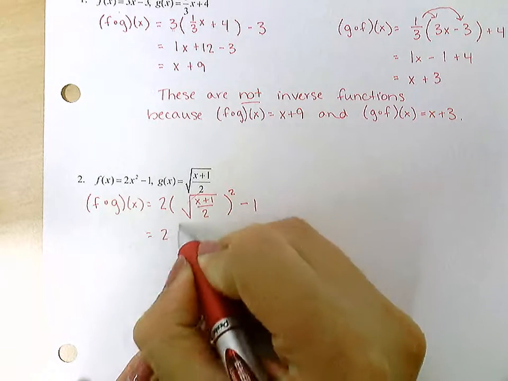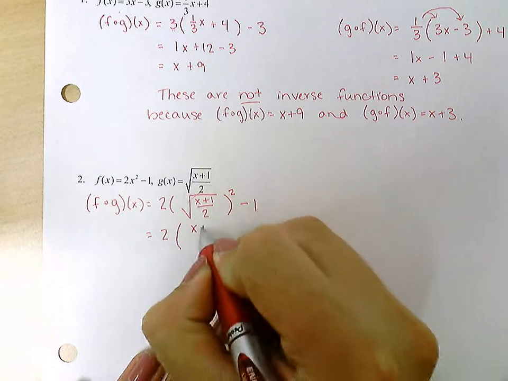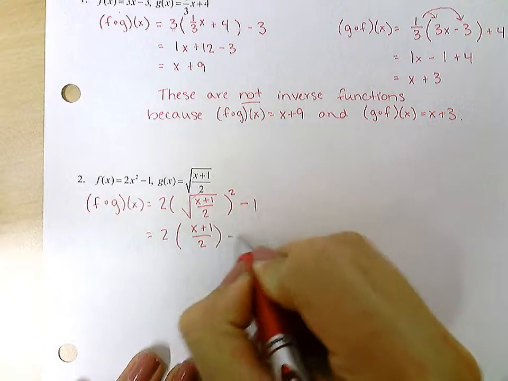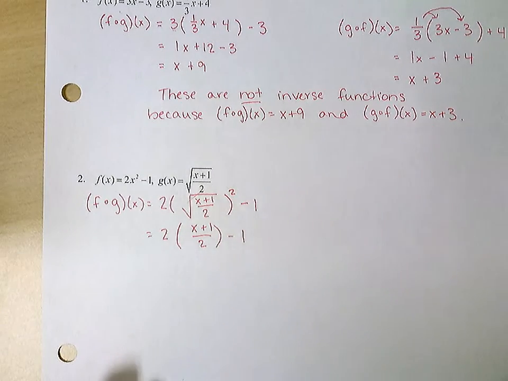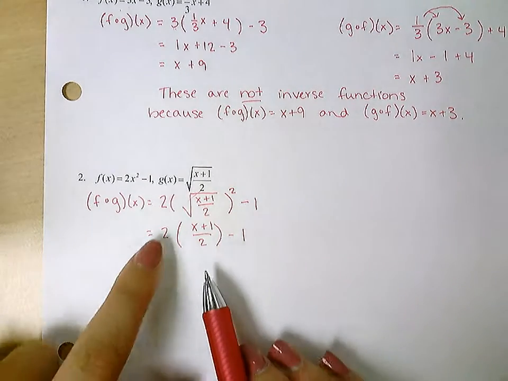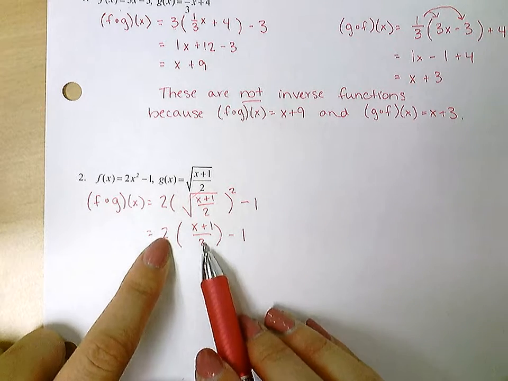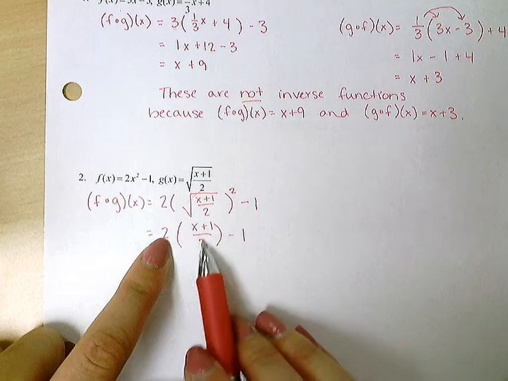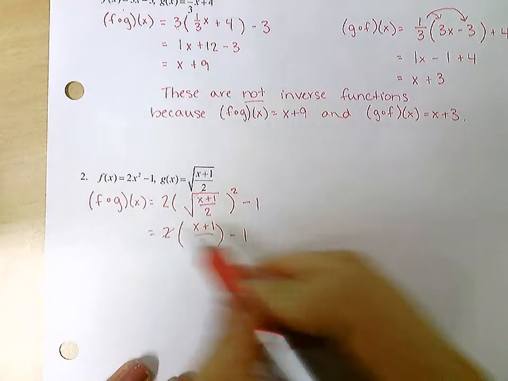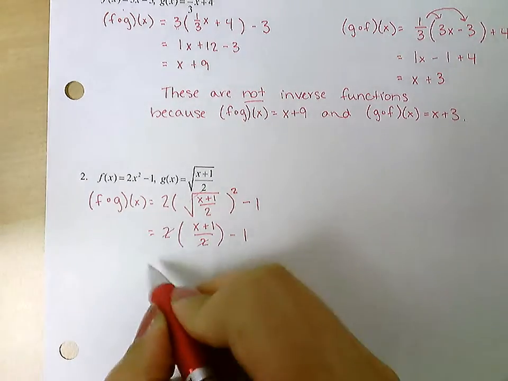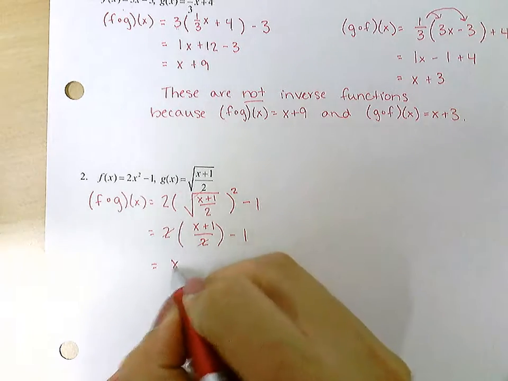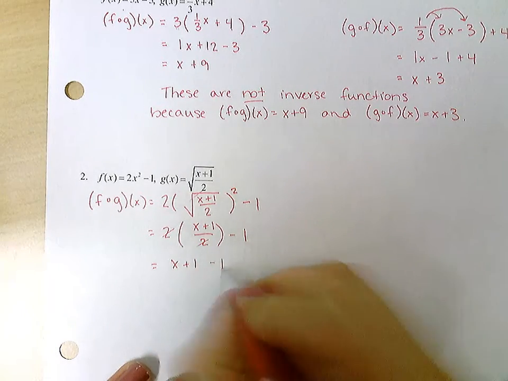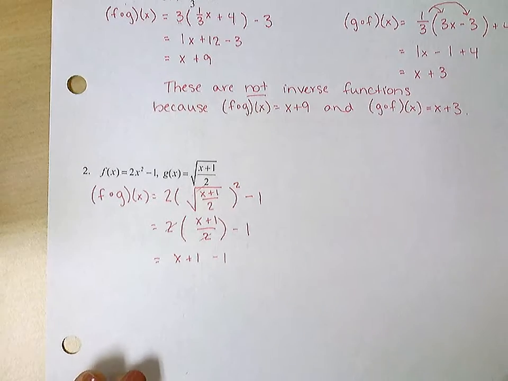So I have 2 times the quantity x plus 1 over 2 minus 1. If I have a 2 multiplied into this divided by 2, those cancel out as well. So I'm just left with x plus 1 and then this minus 1 on the outside.